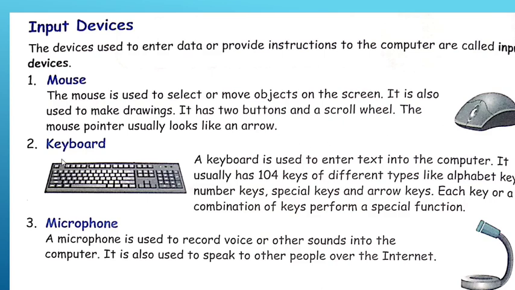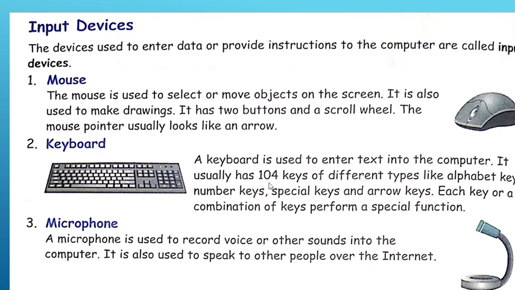Now let's move to the second topic of input device. It is known as keyboard. Do you see keys on this particular device? There are total number of keys present on this device are 104 for a normal keyboard. Now let's read what is a keyboard. A keyboard is used to enter text into a computer.